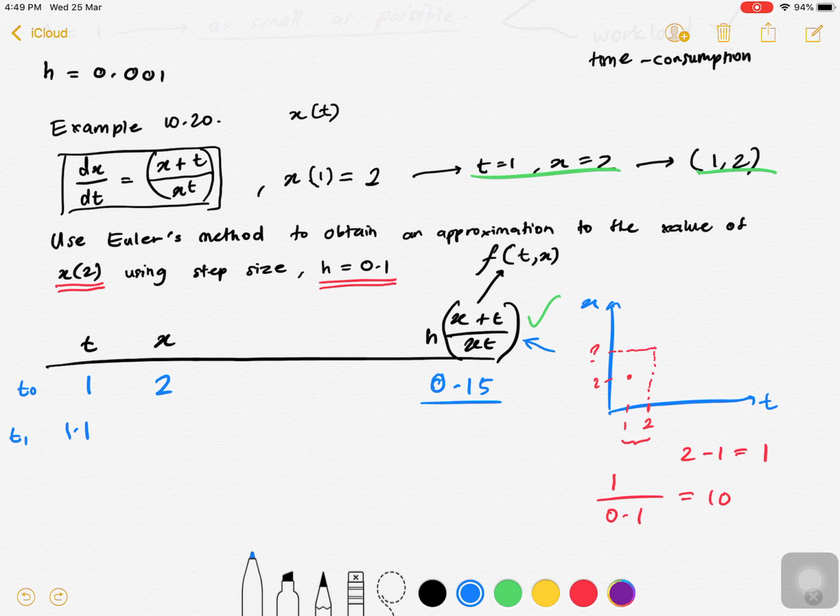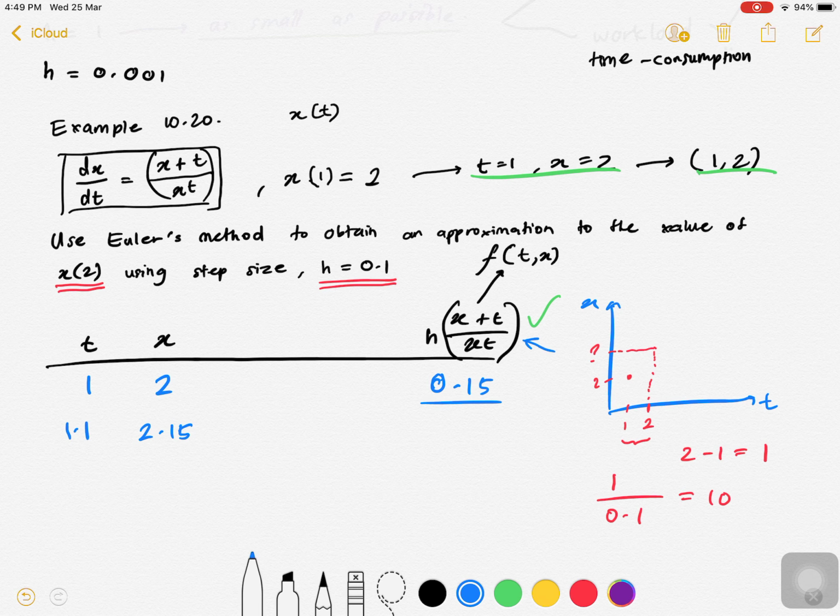What is the value of x1? It is x0 plus this value, so 2.15. If you look at the table, I get the correct answer.